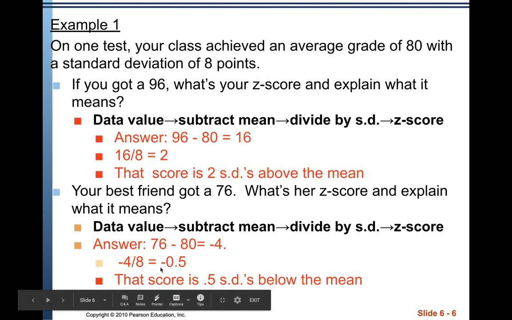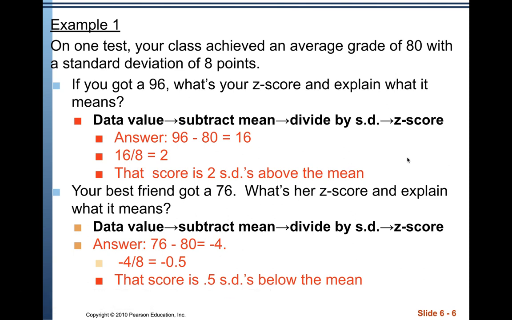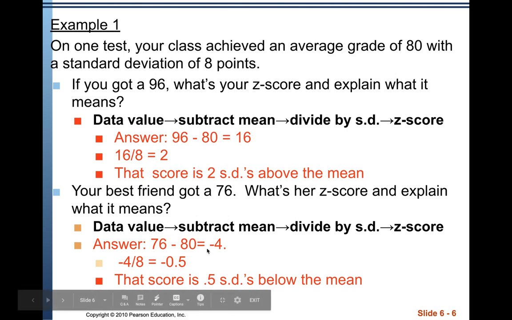Because the z-score was negative. So here you have an example of a positive z-score, meaning my data value, in this case the 96, is above the mean. And then down here we have an example where the z-score is negative because the data value, the 76, was below average, below the mean.